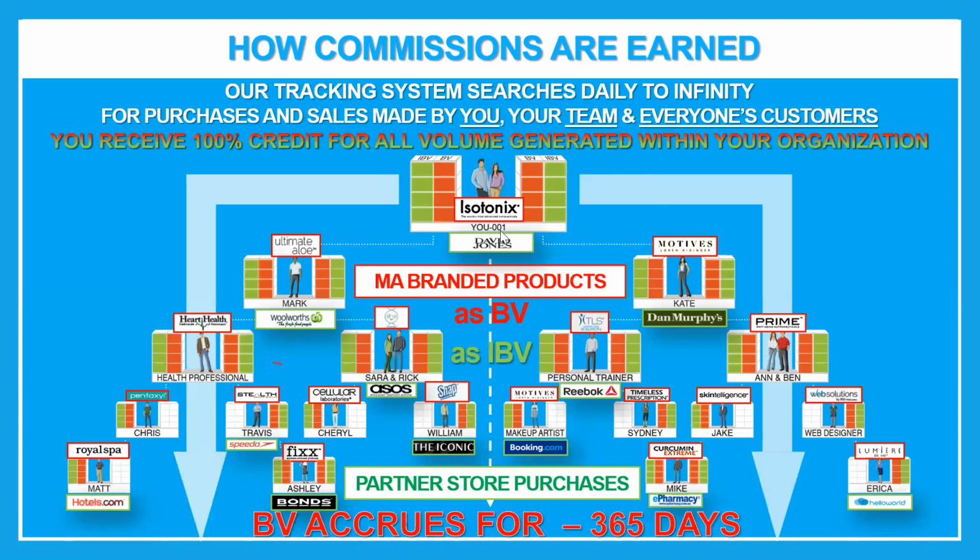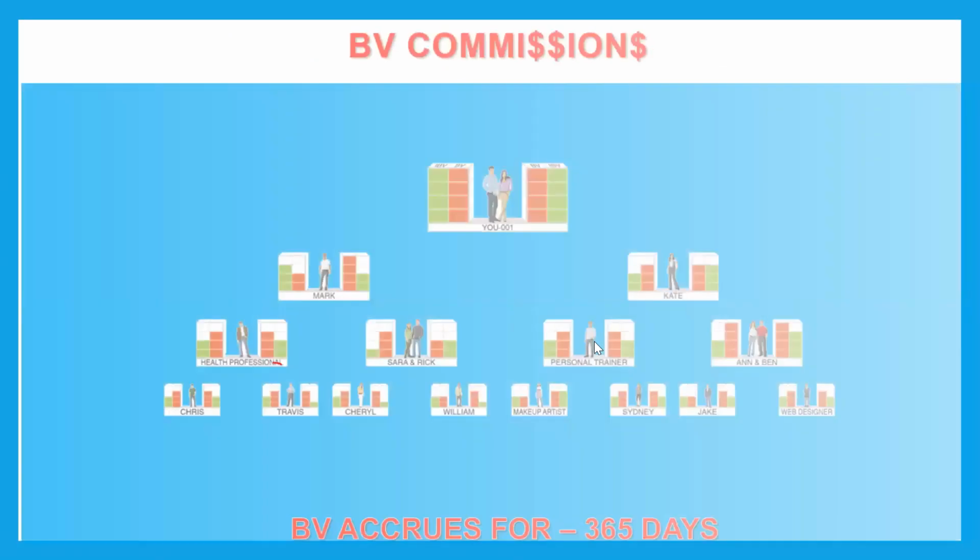So say, for example, you purchase Isotonics as your exclusive product, and David Jones, which is our partner store, whatever BV and IBV you can place to the very last person, and everyone else will purchase any of our exclusive products. You'll also be able to put to the very last person, or the person that you assign as your personally sponsored person for that quarter. So when that happens, you'll be able to accrue BV and IBV for 365 days.